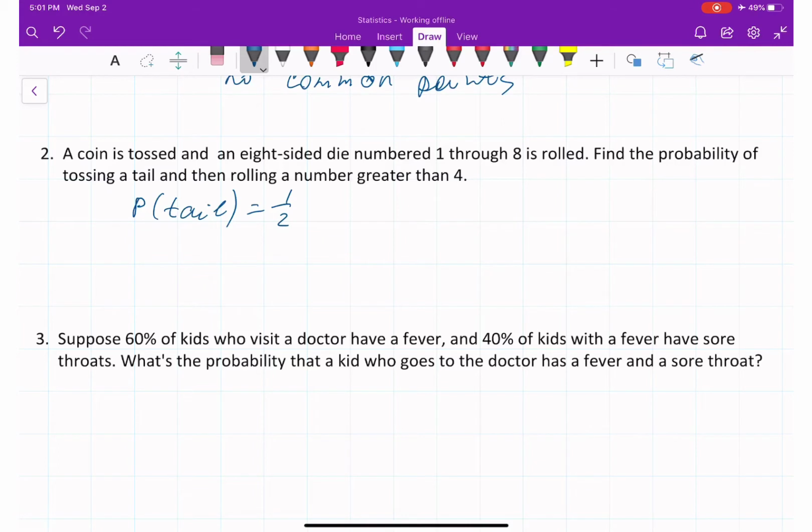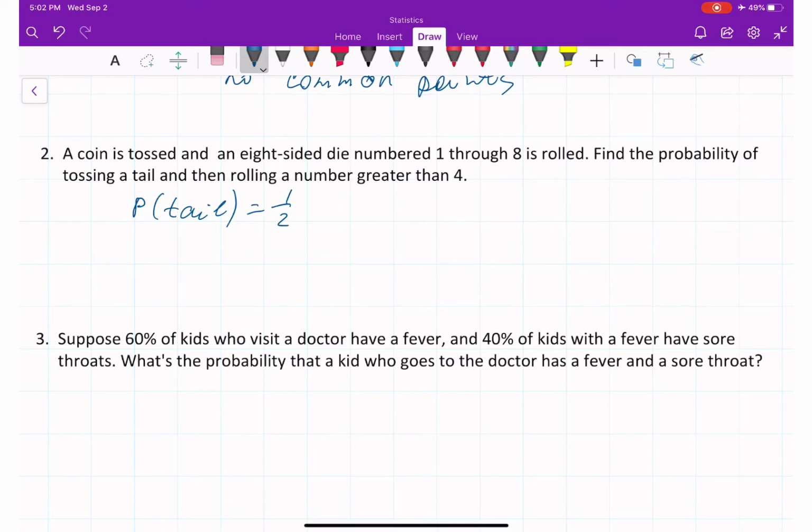And then rolling a number greater than 4. It says an 8-sided die numbered 1 through 8, so in total we have 8. We are interested in greater than 4. Greater than 4 can be 5, 6, 7, 8. 4 numbers, right?